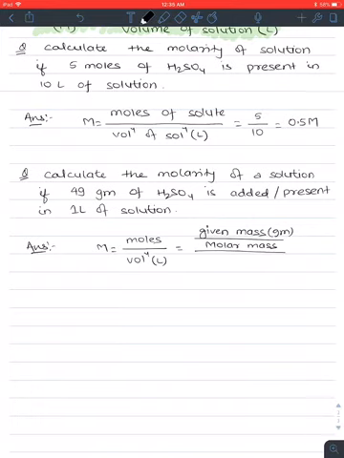So this becomes given mass upon molar mass upon volume of solution in liters. Mass is given, we know the molar mass of H2SO4, we know the volume of solution. So molarity will be equal to 49 divided by 98 into 1. That will be 0.5. Understood? In this way the molarity of the solution is coming out to be 0.5 M.